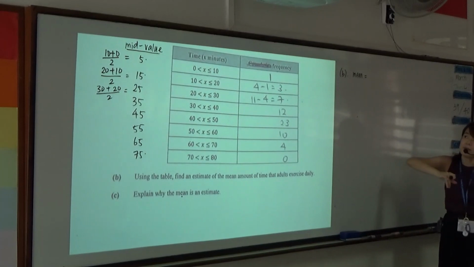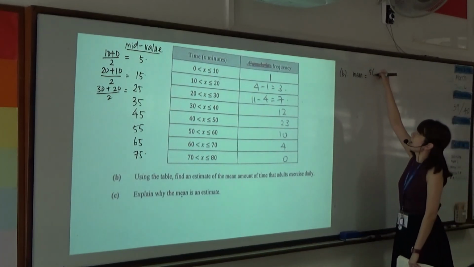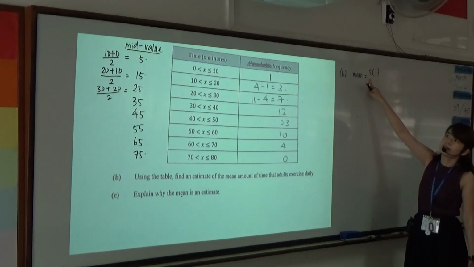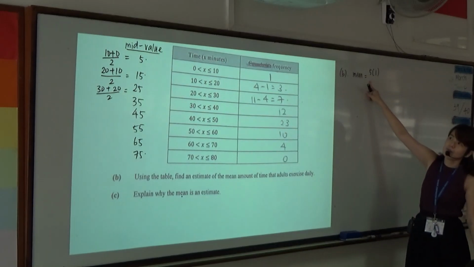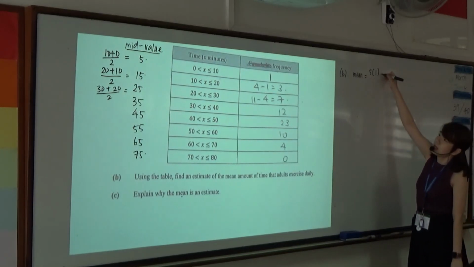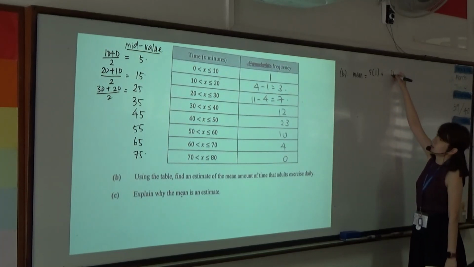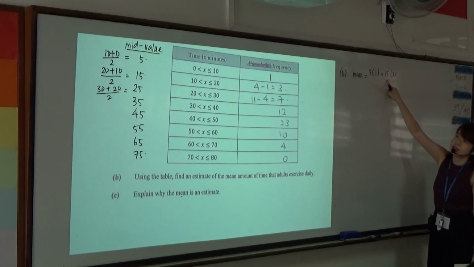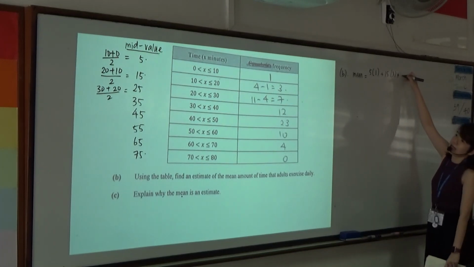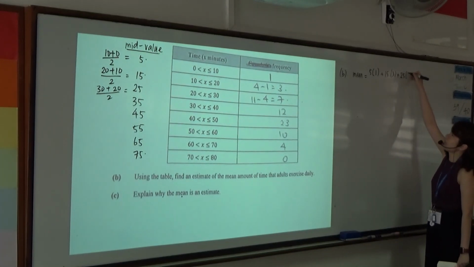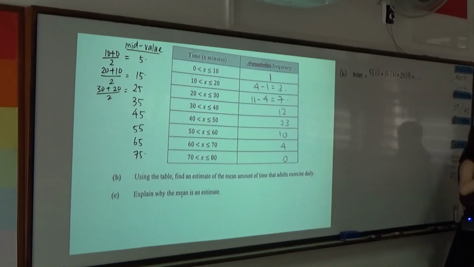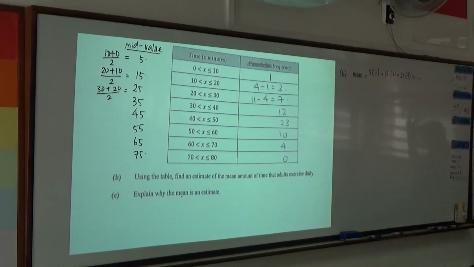So for mean, we have one frequency, one person that has an estimated time value of 5 minutes. Then we have 3 adults that have an estimated time value of 15 minutes. And then after that, 25 times 7. Multiplying will find for us the total time, the total data value.